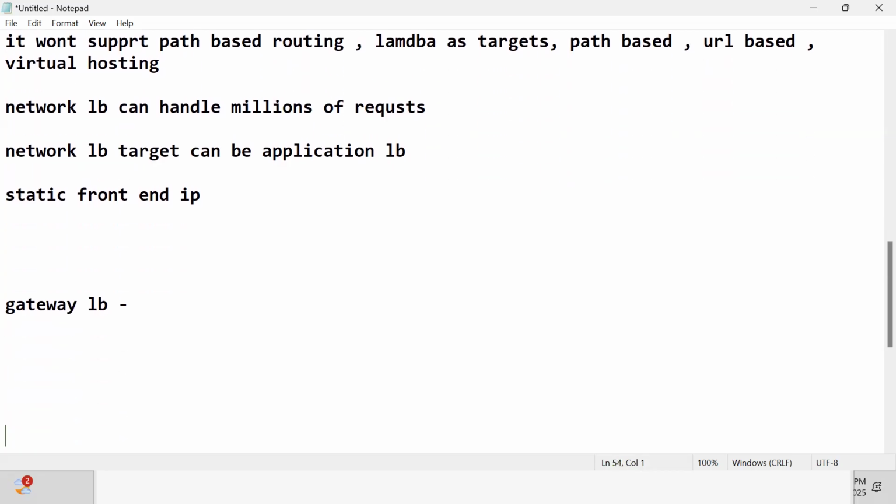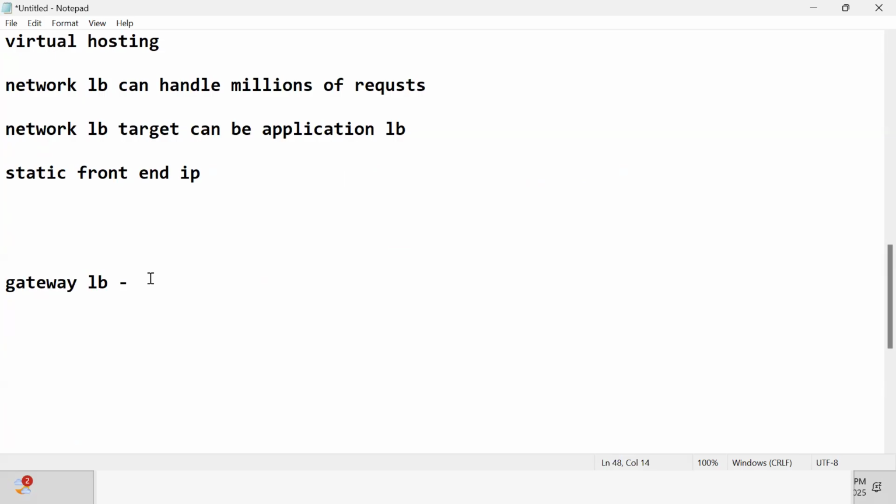Say I have two instances, which may be two VPN appliances or two hardware-level load balancers, or devices I have purchased from the Marketplace. If I want to do load balancing at this level, for that use case we are going to use the Gateway load balancer.